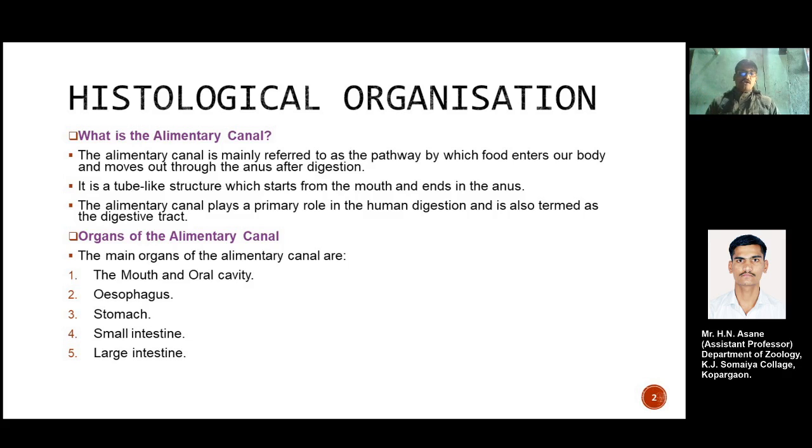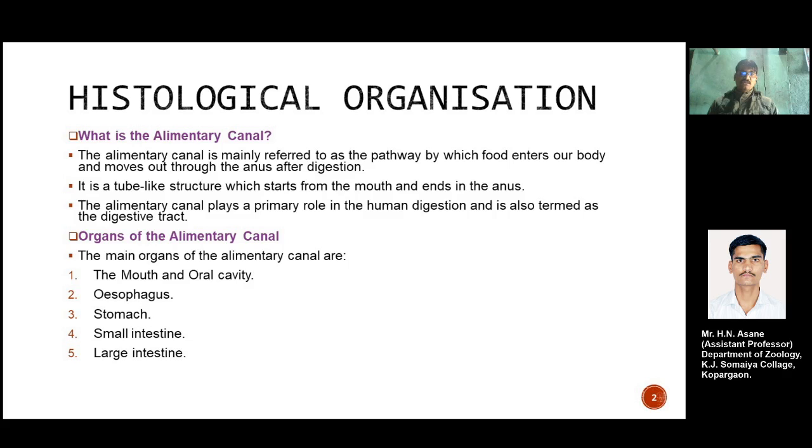So the main organs of the alimentary canal are the mouth and the oral cavity, then the esophagus, then the stomach, then the small intestine and large intestine. Up to the last session, we have taken information about the tongue.